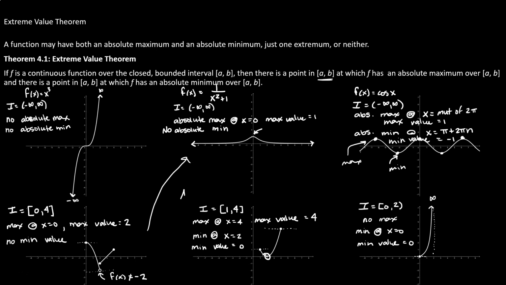And that's a lot like the middle example on the bottom row. We're looking at a closed interval and continuous function. We had both a maximum and a minimum value for this function. So the extreme value theorem is talking about absolute extrema on a closed interval. It guarantees that you will have both a maximum and a minimum.